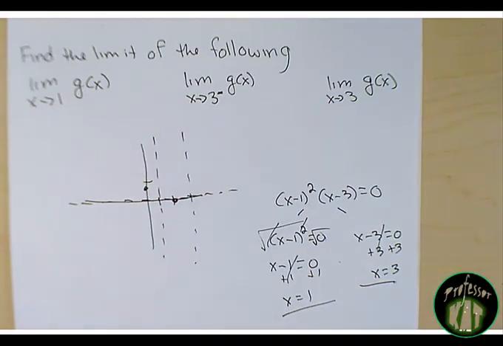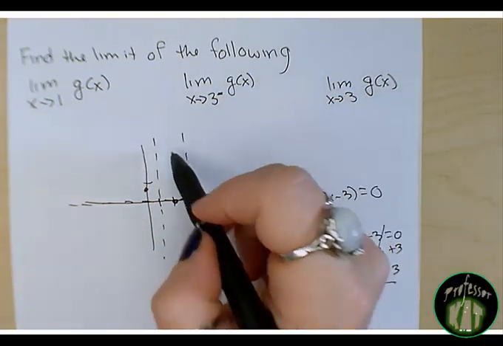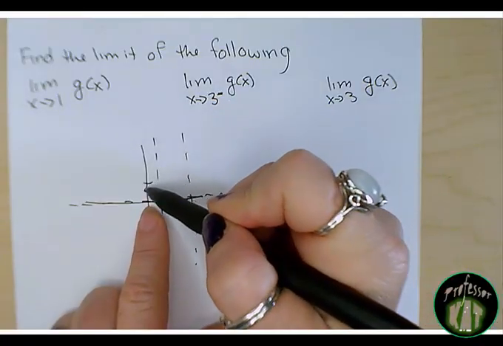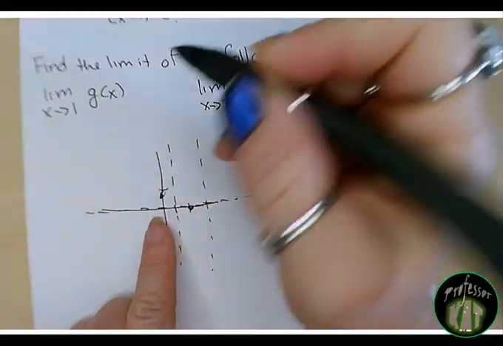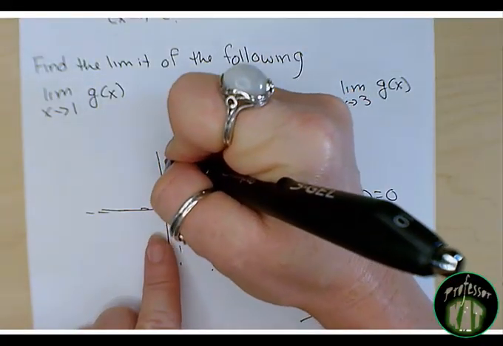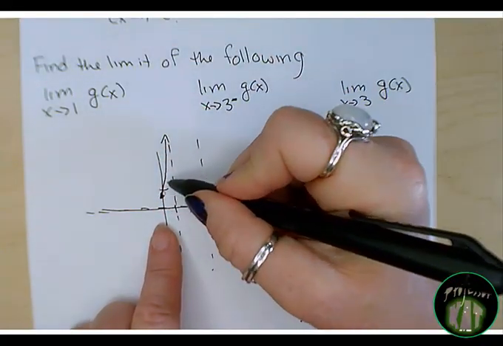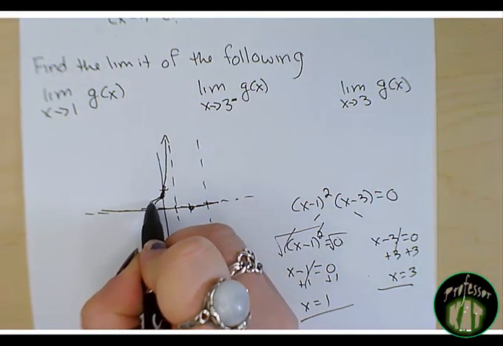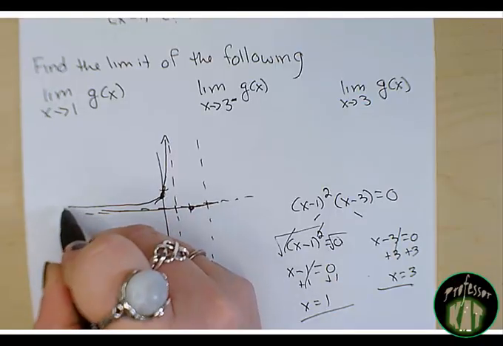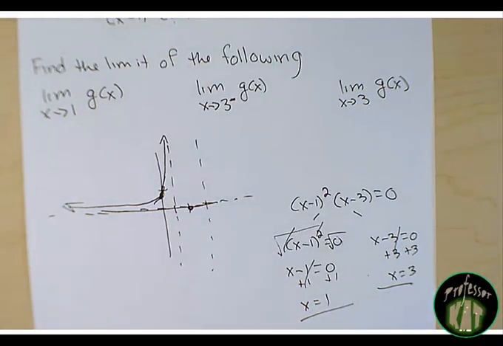Now, the rest of the graph we can fill in by plugging in points. On the left-hand side in this section, if you know a little bit about rational functions and the way those graphs look, given this one point shooting upward, our graph is going to want to hug that asymptote and follow that line. Same thing here on the left. Once you go past this point, it is going to curve here, and it's going to follow that horizontal asymptote.